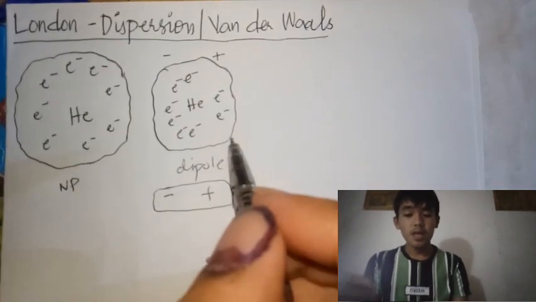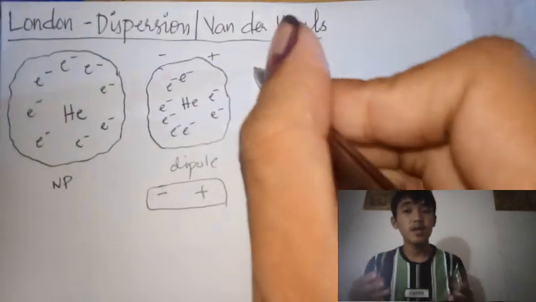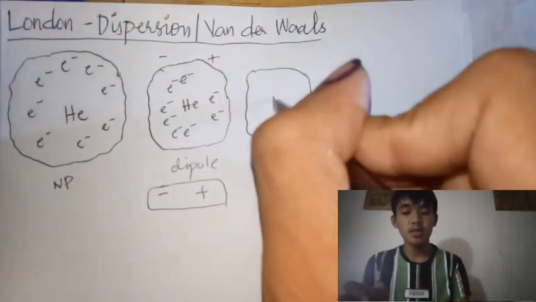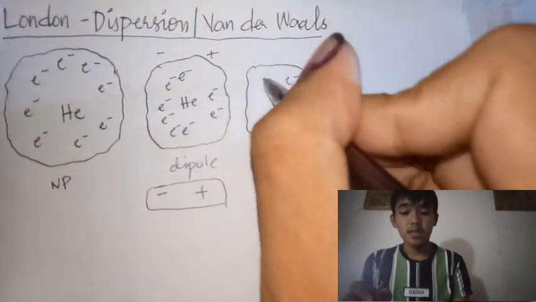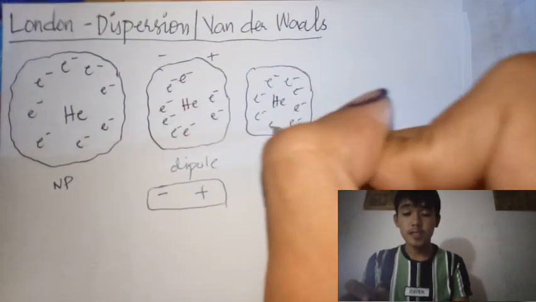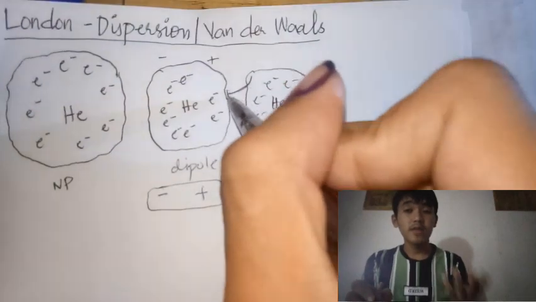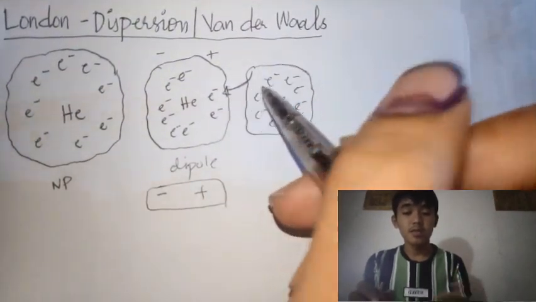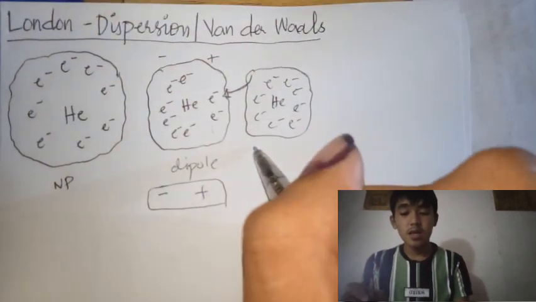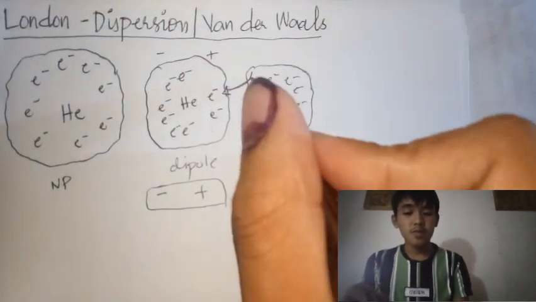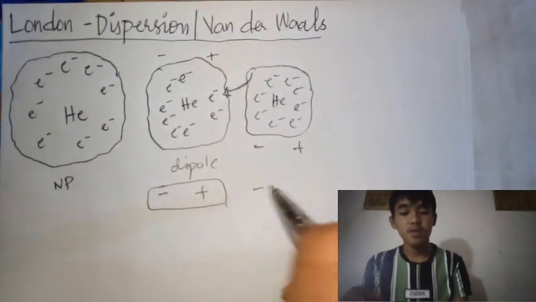So let's see what happens when another helium atom interacts with this helium atom. When that happens, the electrons of this side will drift to the left side of this, because we have fewer electrons at this side. So when the electrons move to the left side, we have a negative on the left side, while positive on the other side.